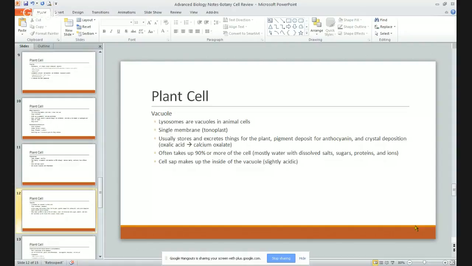Oftentimes the central vacuole is the major one, and it's going to take up about 90% of the cell in terms of volume. Its primary job is to store things for the plant, like dissolved salts, sugars, proteins, ions.